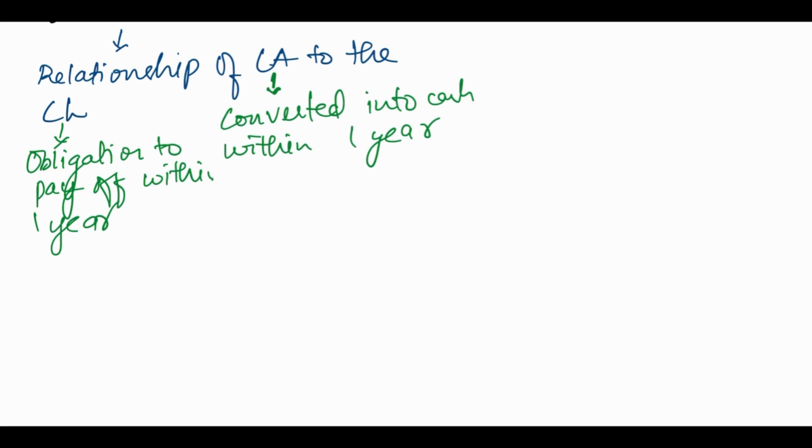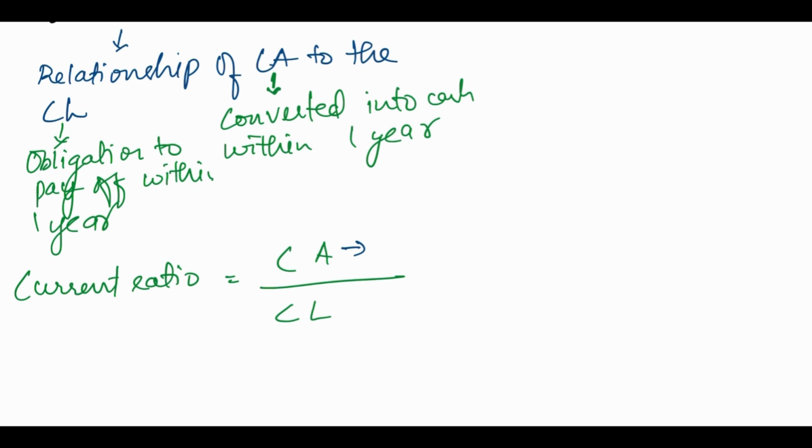Okay, so current ratio formula is current asset divided by current liability. And what all things will be included in current asset?